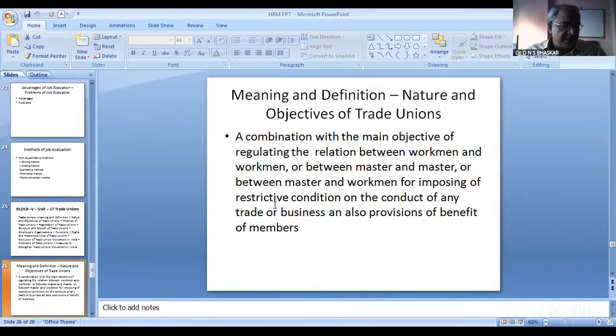So, trade union is the continuous association. That means it will emerge and it will continue for a longer period of time, for the purpose of maintaining and improving the conditions of their working life. In the very olden days, there was a system called slavery, and workers used to be treated in an unhealthy, non-humanitarian manner.